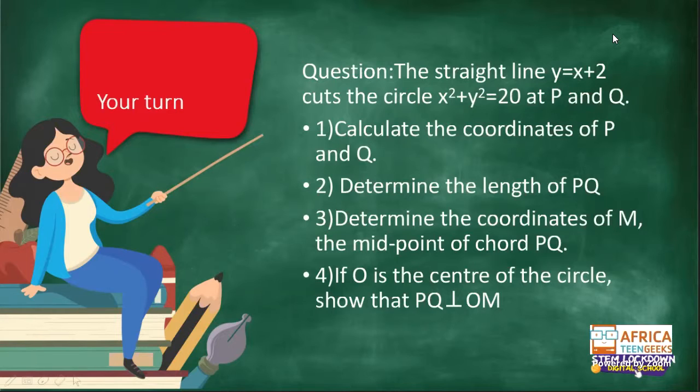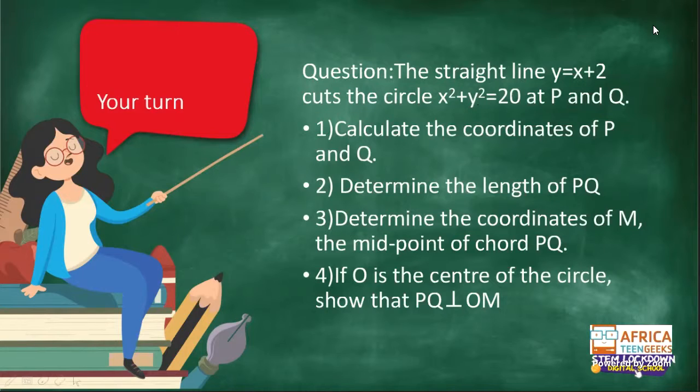The question is: the straight line y equals x plus 2 cuts the circle x squared plus y squared equals 20 at P and Q. Calculate the coordinates of P and Q. Determine the length of PQ. Determine the coordinates of M, the midpoint of the chord PQ. If O is the center of the circle, show that PQ is perpendicular to OM.